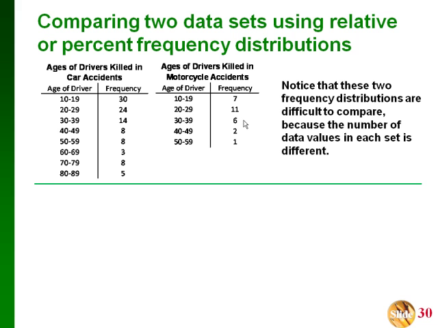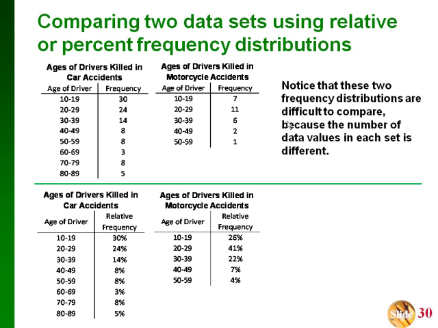If we take each one of these frequency distributions and create a relative or a percent frequency distribution, then we'll have a better basis for comparison. So here's the percent frequency distribution for the drivers killed in car accidents, and here's the one for drivers killed in motorcycle accidents.